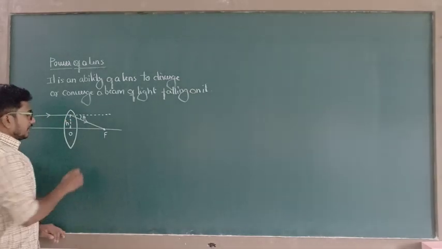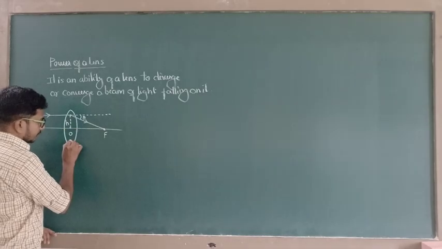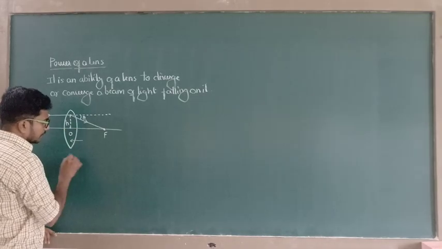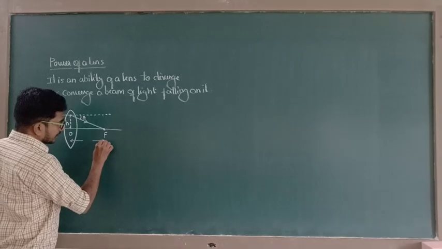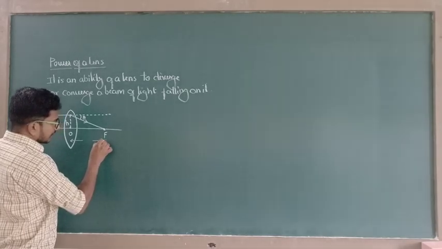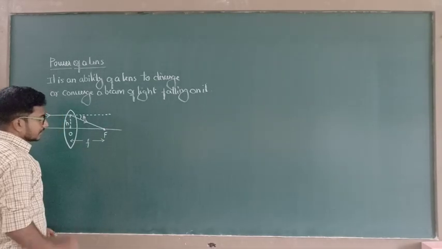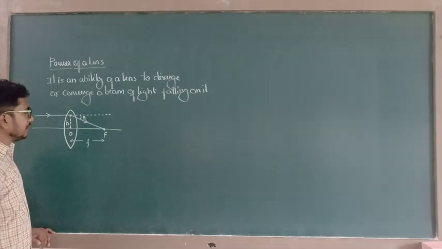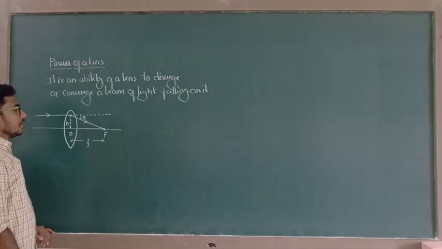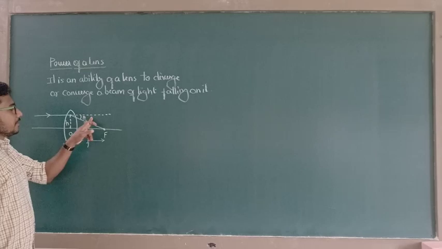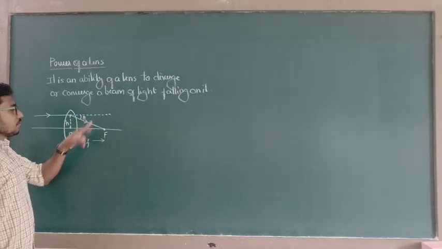The distance between the optical center and the principal focus, this distance is known as focal length, and it is represented by small f. So here this angle is equal to theta.